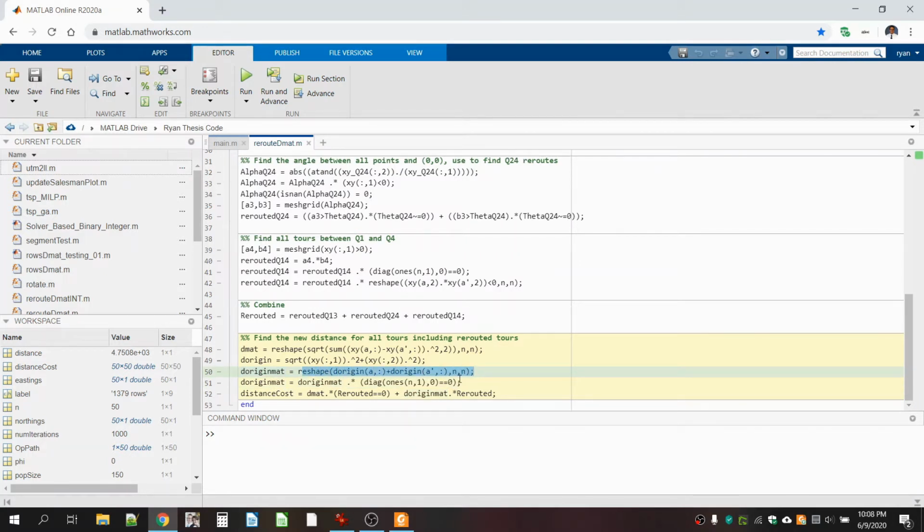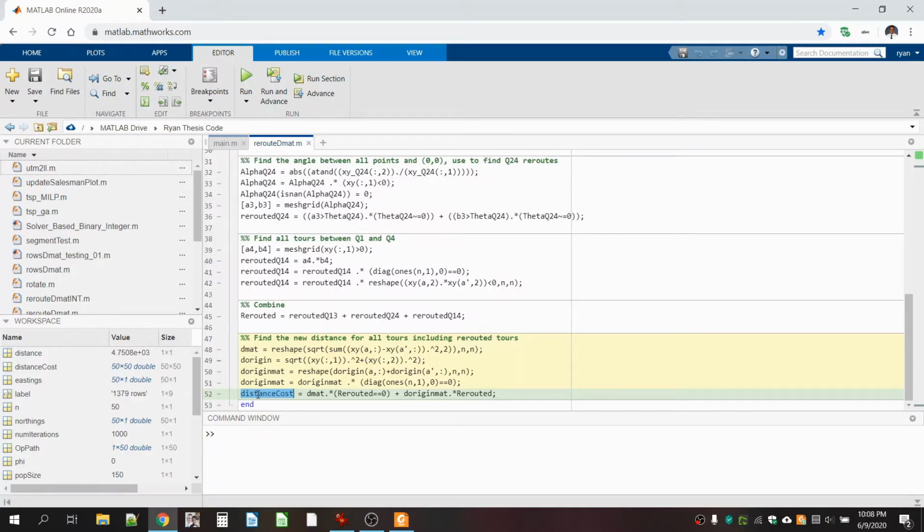And then this one, you need to make sure your diagonal is full of zeros, I believe. And then this is your final matrix. So this distance cost matrix is an n by n matrix.